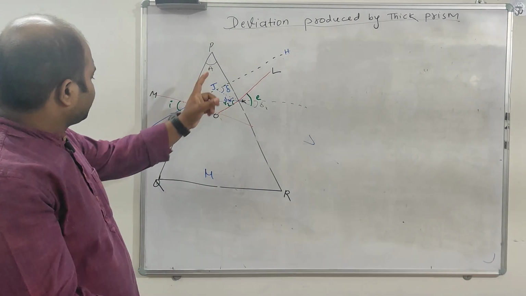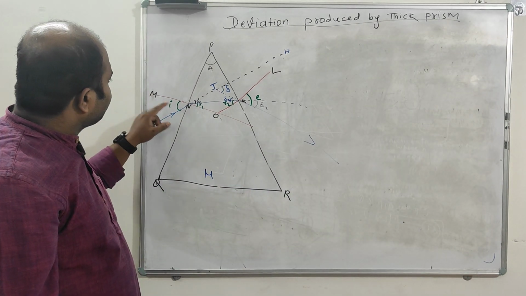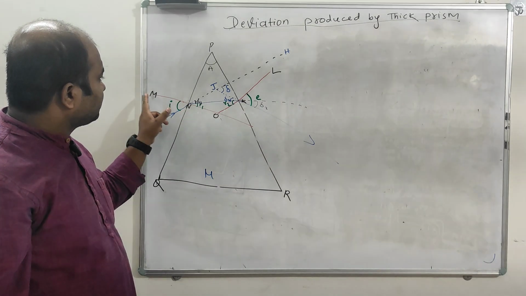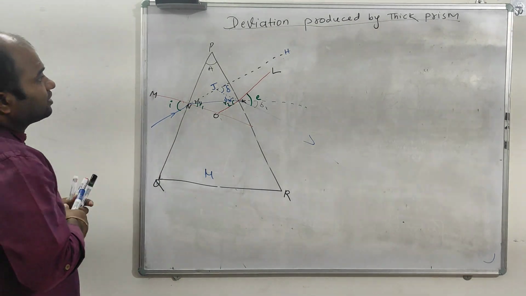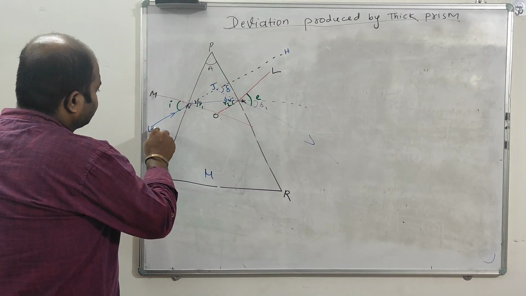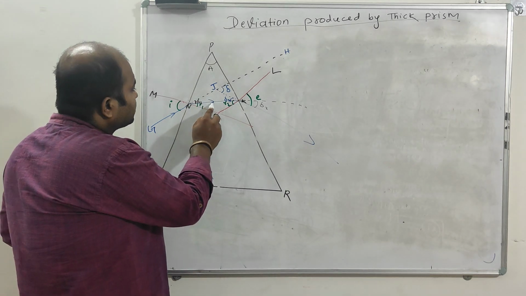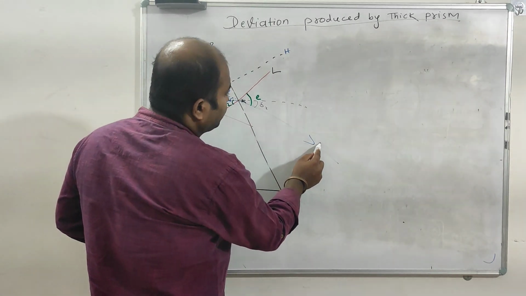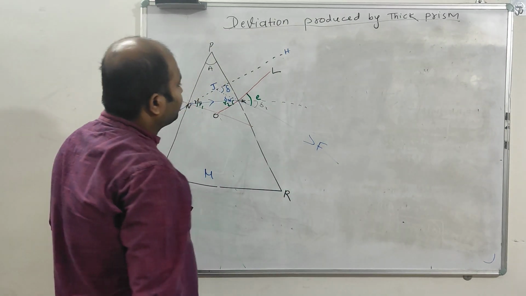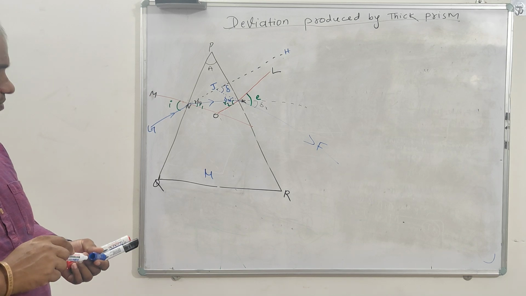Let us consider PQR is the prism, MN is the normal, or M to O is the normal, and the incident light ray is GN. This one is transmitted, N to K is the transmitted light ray, and K to F is the emergent light ray. Like that, some naming, and you have to write in the form of words.